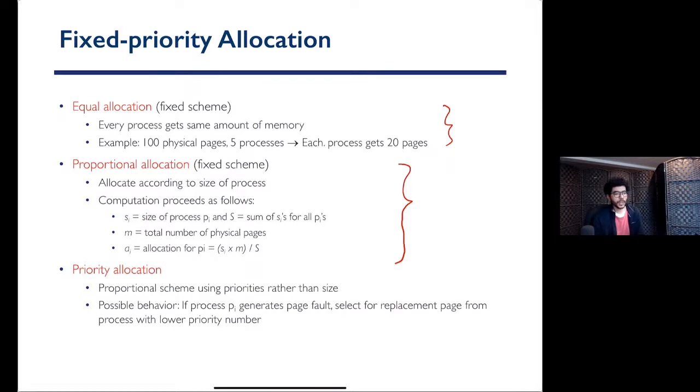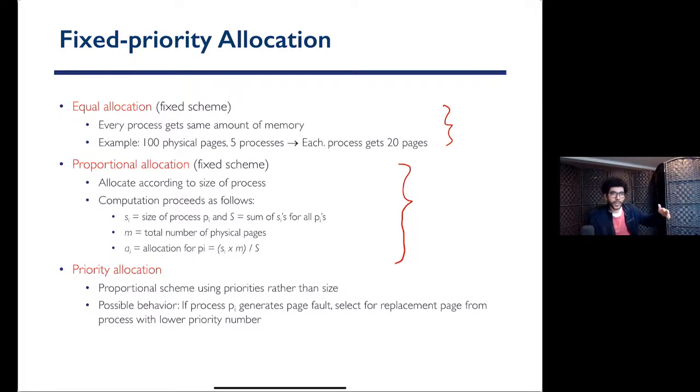Now this one says, I'm going to give you memory in proportion to your priority. Now, what is your priority? Well, you can define different kinds of priorities, right? This priority could be something that your programmer says.